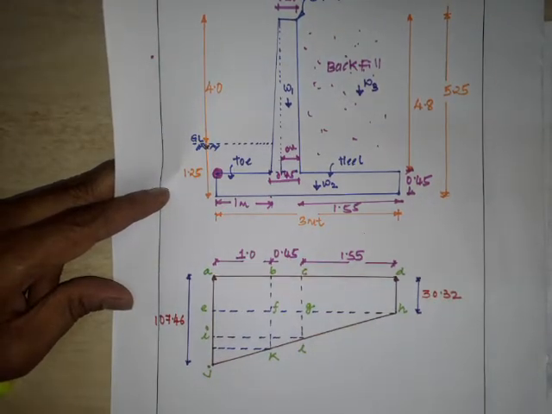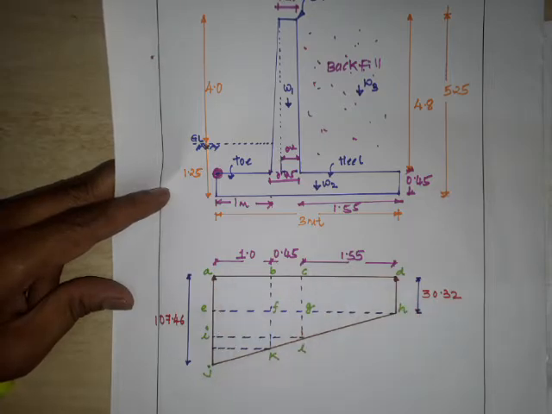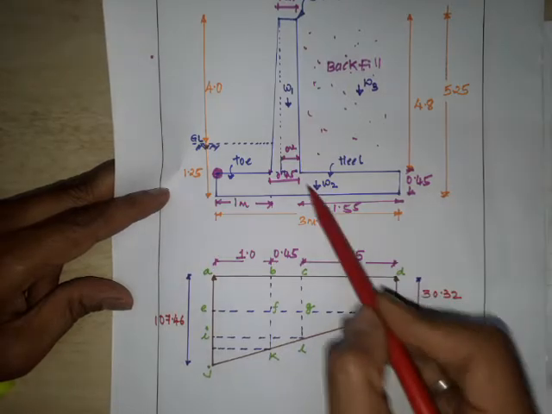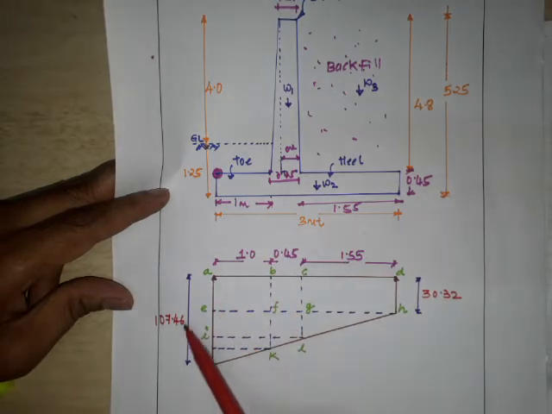And for the further calculation I have named the points A, B, C, D. For heel slab I have to refer this portion, and for toe slab I have to refer this portion. Correct?